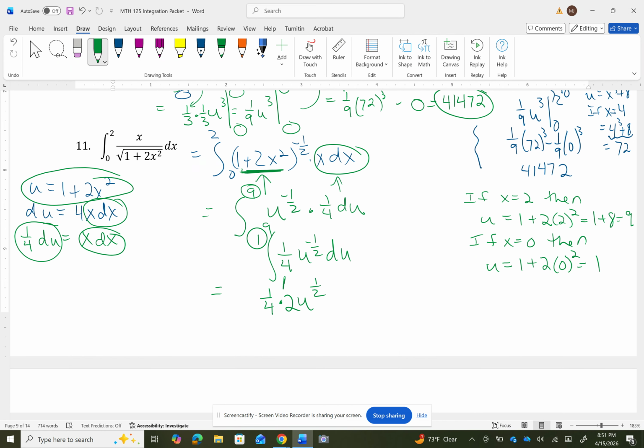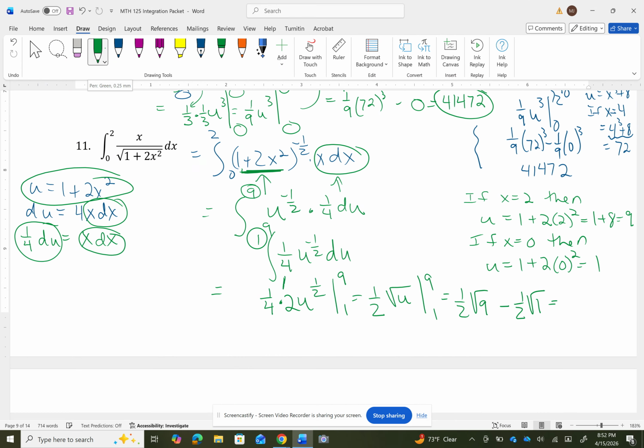And I've already changed my limits of integration to be in terms of u's. So I could really go ahead and start simplifying a little and then evaluating this. So 1/4 times 2 would be 1/2. And u to the 1/2 is just square root of u. And I just need to plug in a 9. And then subtract what happens when I plug in a 1.